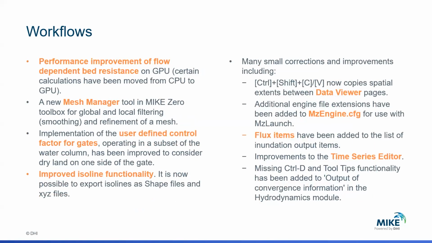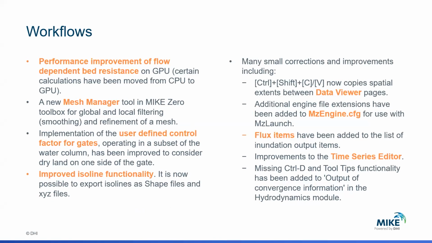Carrying on the workflows track, we have a new mesh manager tool, which I will try and demo for you. We've done a little bit of work on the gates. We've improved isoline functionality. You can export isolines from Mike Zero the same way you can export vectors.